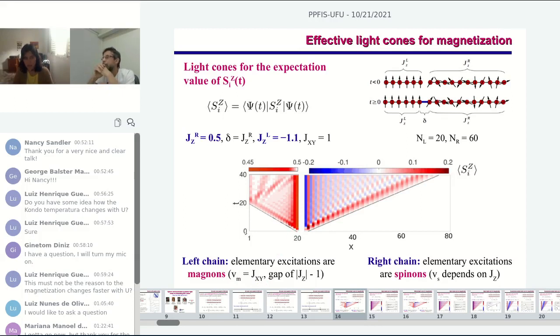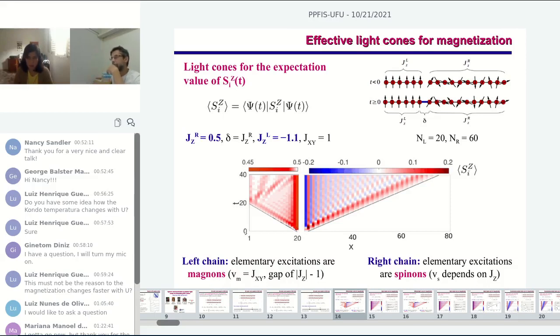And indeed, if you see here, first of all, we see effective light cones in this case, right? And the boundary of the effective light cone is defined by the maximum velocity of magnons. Why is it maximum? We can have excitations with smaller velocities, but it's the maximum value that determines the boundary of the light cone.